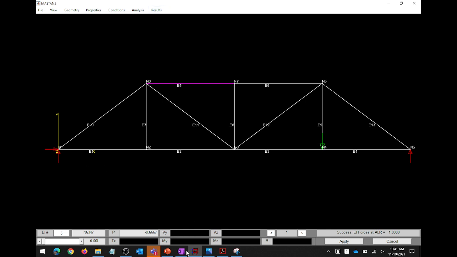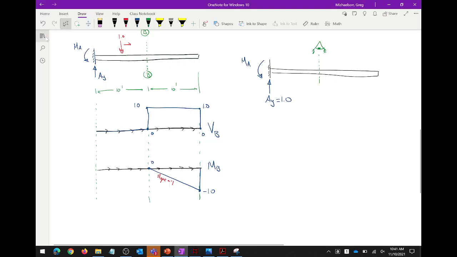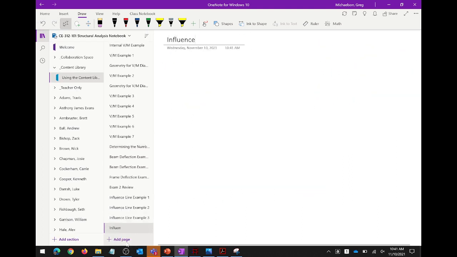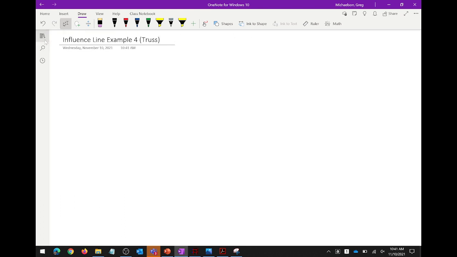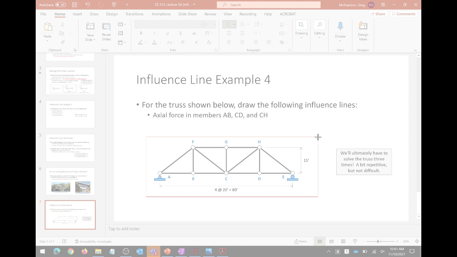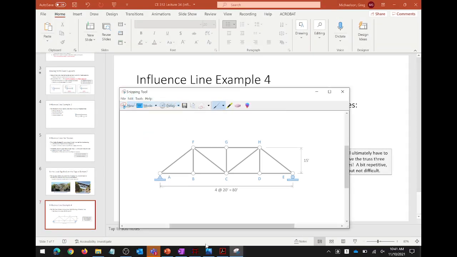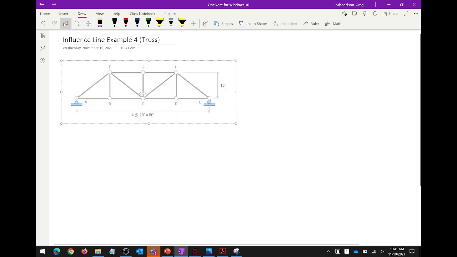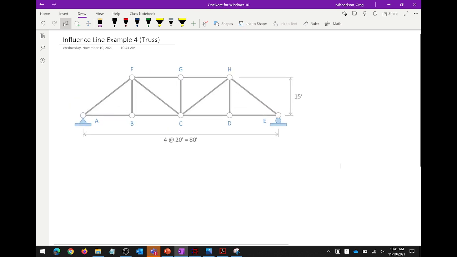I propose then that, let me screen cap that truss so we all kind of see what we're doing. So there's the truss.